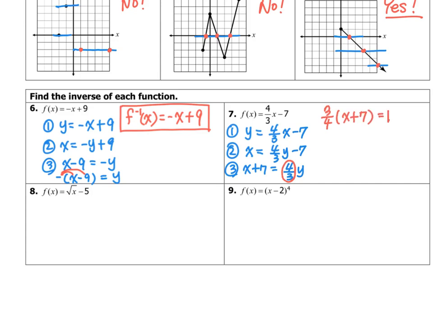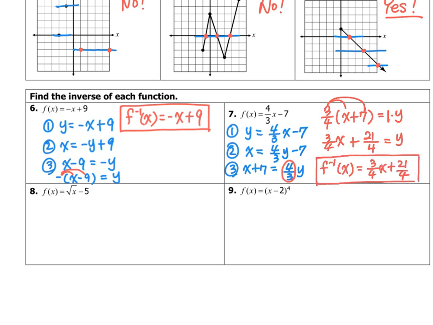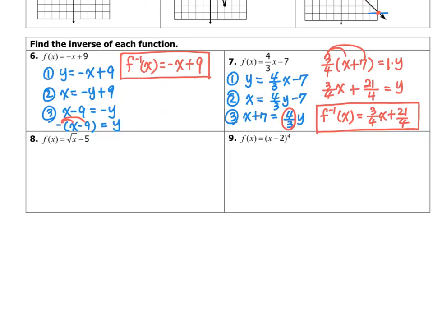It will be 1 on the right side. 1 times y is y. So distribute 3/4 on each term: 3/4 x plus 3 times 7, 21 over 4, equals y. So f inverse of x equals 3/4 x plus 21/4.